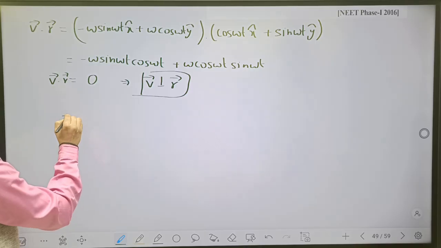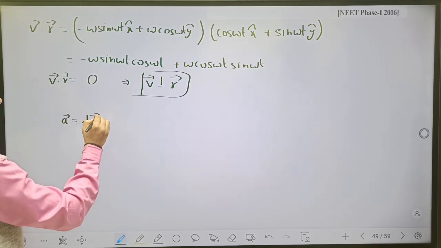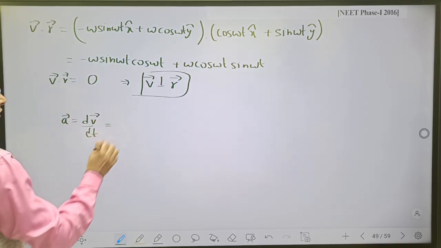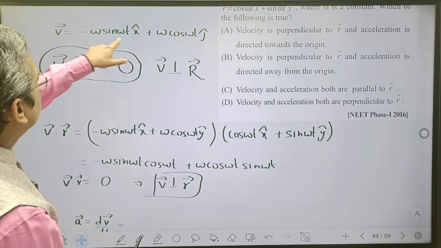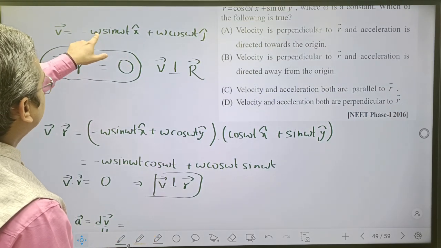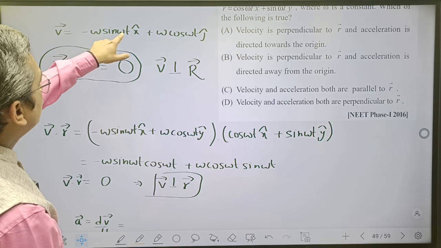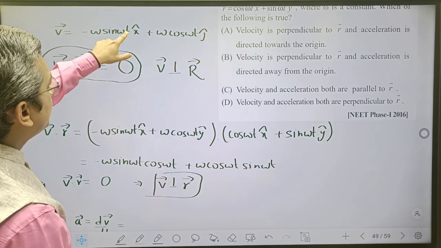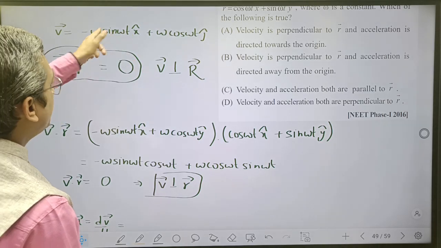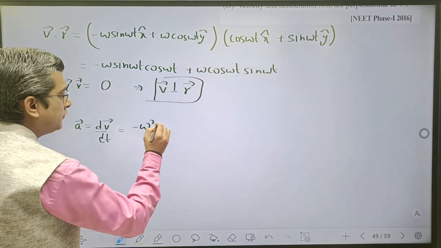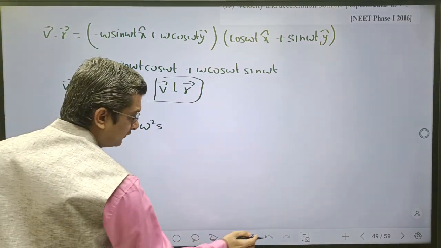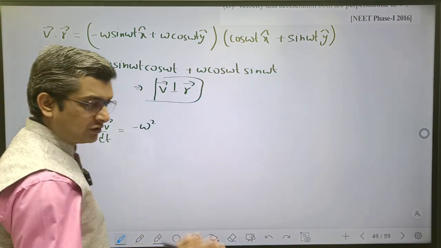What is acceleration? It is nothing but dv by dt. So we have to differentiate the velocity. If you differentiate this, the sine gets converted into cos omega t, and differentiation of omega t is omega, so this will be minus omega square cos omega t x cap. If you find difficulty in differentiation, please go through the lecture on differentiation, dear students.